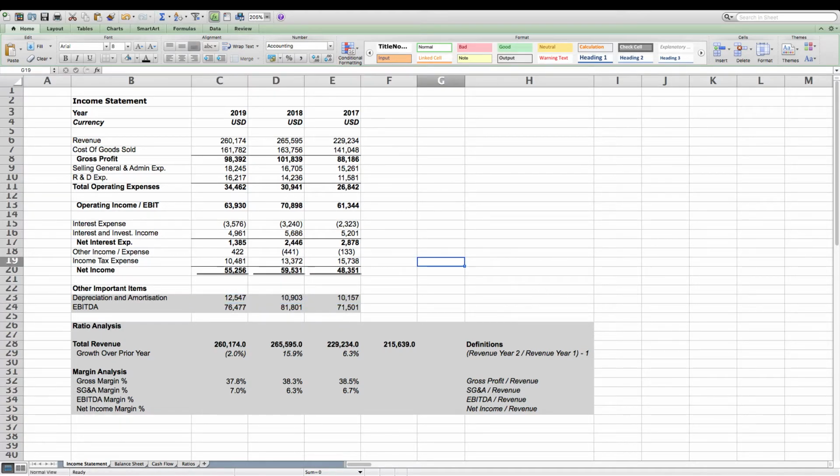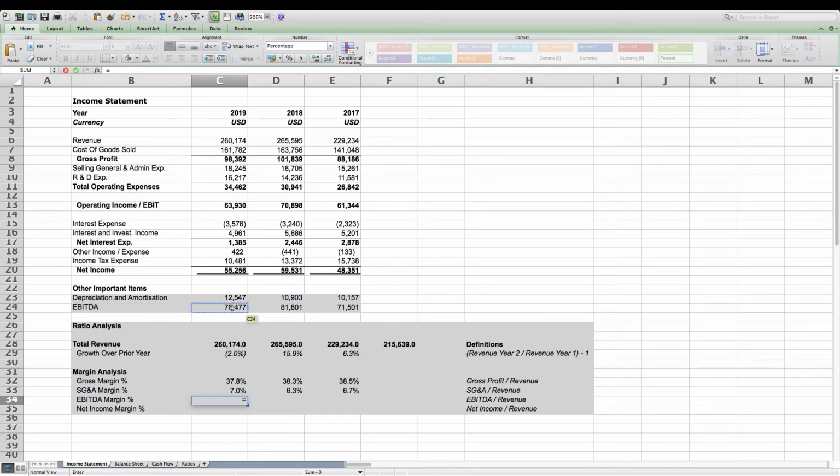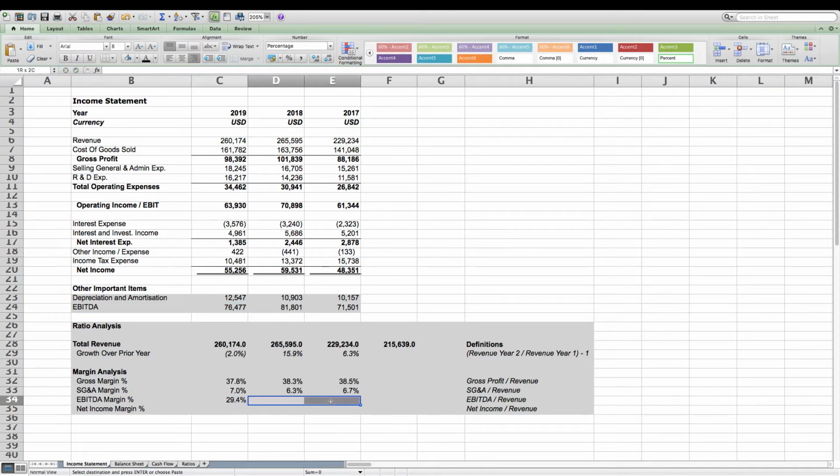So there you go. Now, in order to calculate the EBITDA margin, we do pretty much exactly the same thing that we've done to calculate the previous ratios. We take the EBITDA and divide that by Apple's revenue for that specific year, and we copy that formula over for the next 2 years.